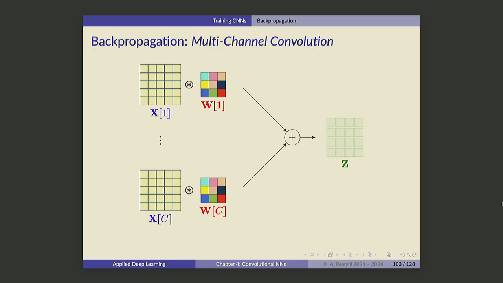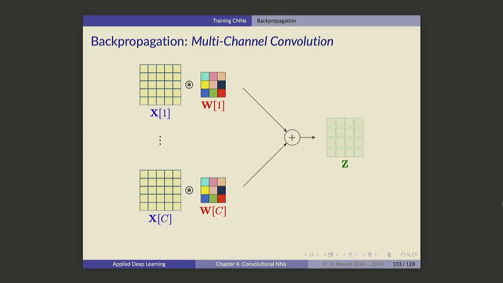Everybody's cool? But in these terms that I'm writing down, what is the gradient of z1 with respect to x1? Does it exist? Is it non-zero? Look at z1 here. z1 depends on x1, right? So it should be non-zero. What about z2? Does it exist?